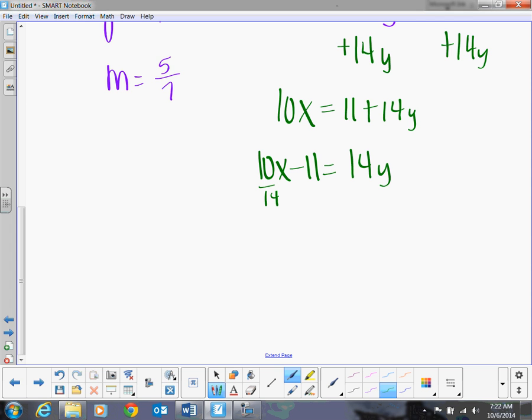So when you divide by 14, how does 10 over 14 simplify? 5 over 7. So what is this slope? Right. Look at that slope. Look at this slope. Parallel, perpendicular, or neither. Yep.